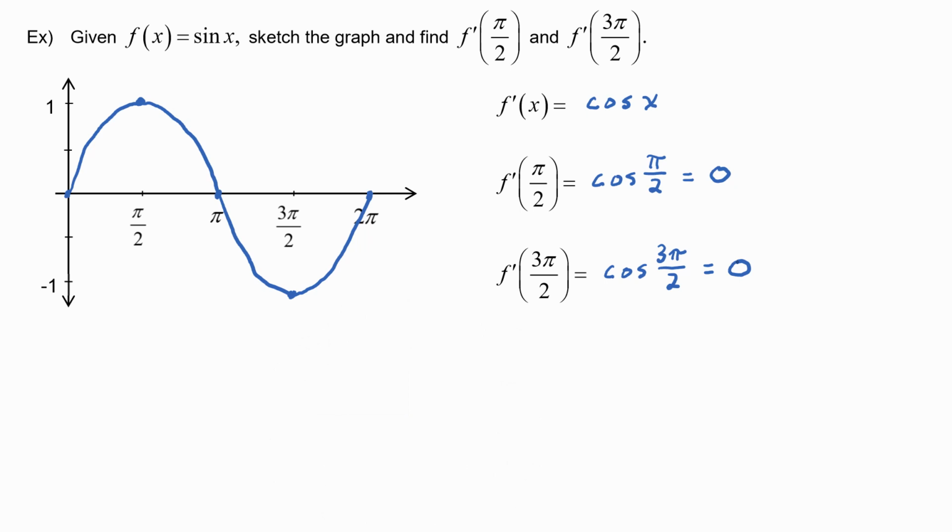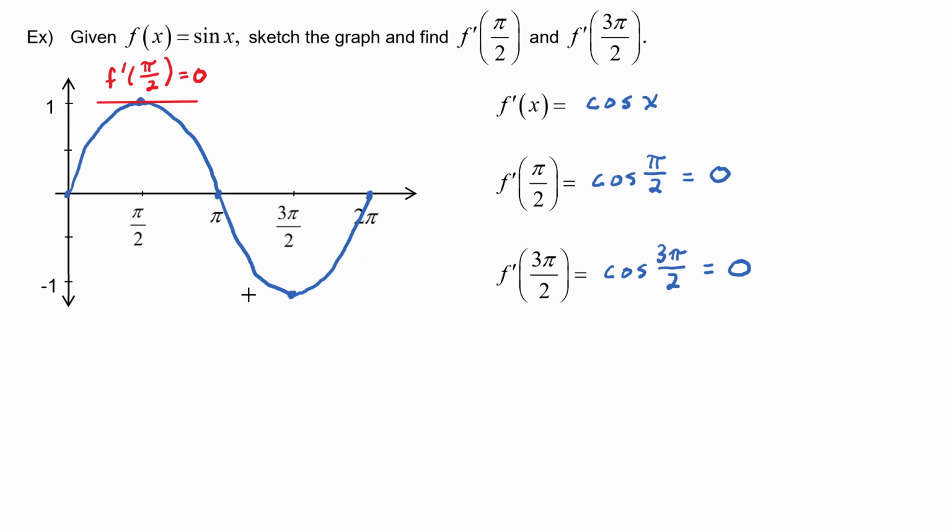At x equals pi over 2, we are at this point on the graph. And we can see that the slope of the tangent there is 0. So f prime of pi over 2 is equal to 0 because we have a horizontal tangent line there.